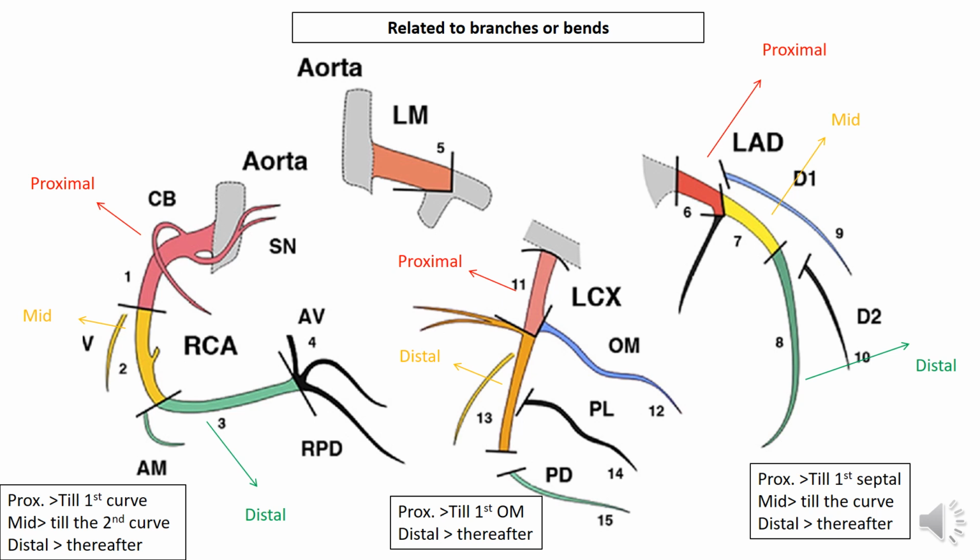So the proximal segment ends when the RCA gives its first bend here. Then there's the mid segment that ends at the second bend of the RCA, and the horizontal distal segment is the distal segment. Regarding the branches of each artery, as we discussed, the left main gives rise to the LAD and LCX.